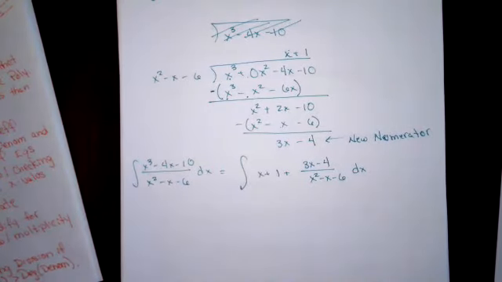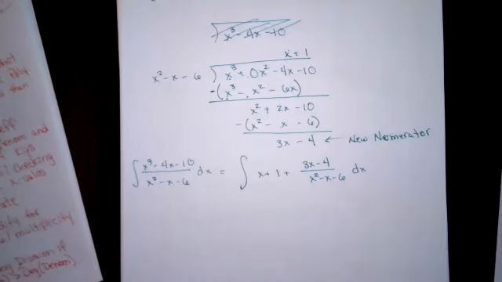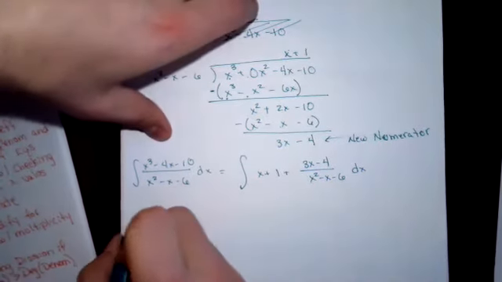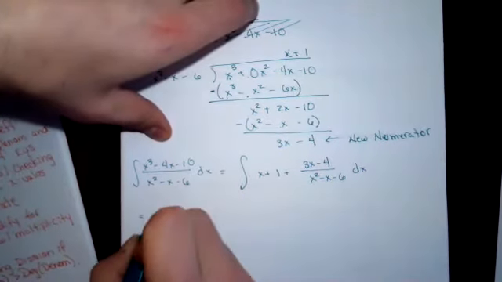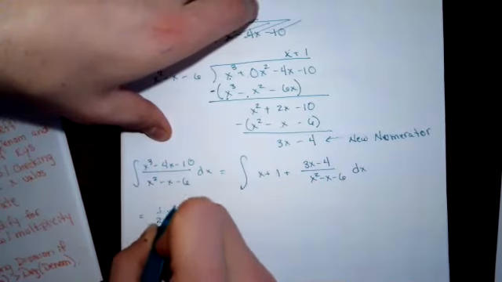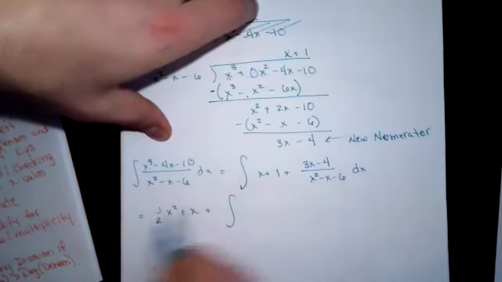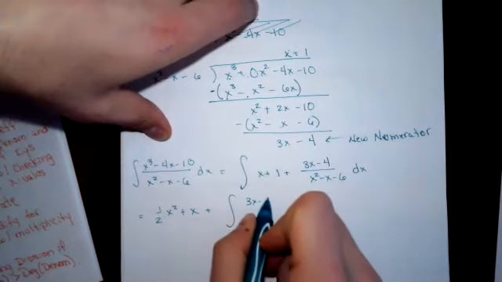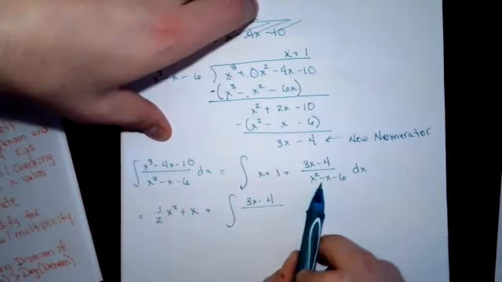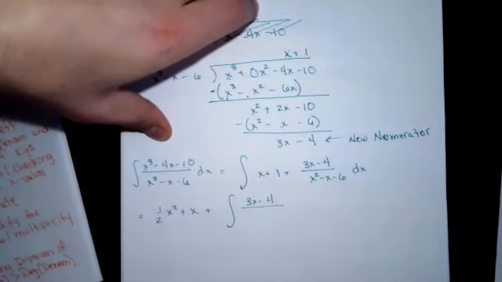And this is where it gets a little hairy in terms of organization. So we can go ahead and integrate the easy part, and then we've got 3x minus 4 divided by, how do we factor x squared minus x minus 6?